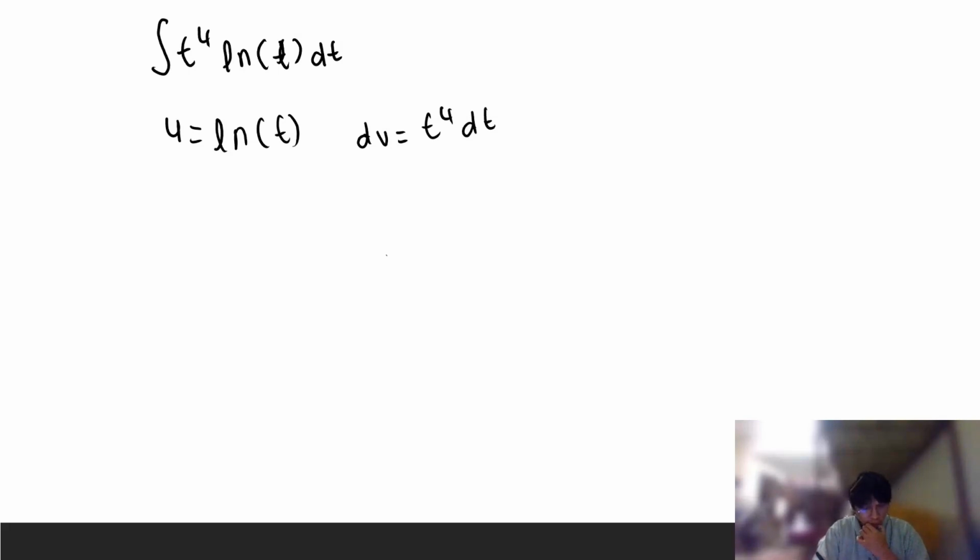So we should differentiate the dv. Differentiate the dv, and it will become the integrate t to the power of 4 dt.